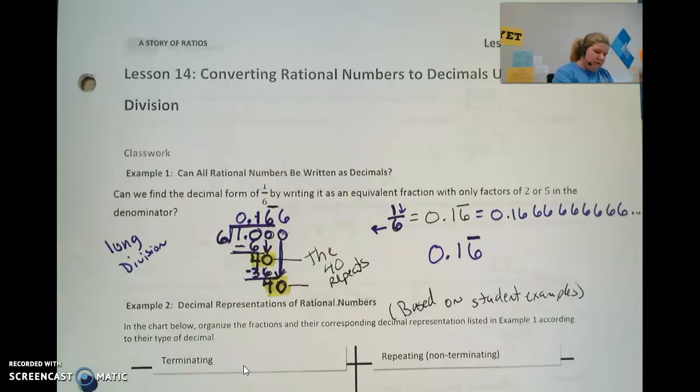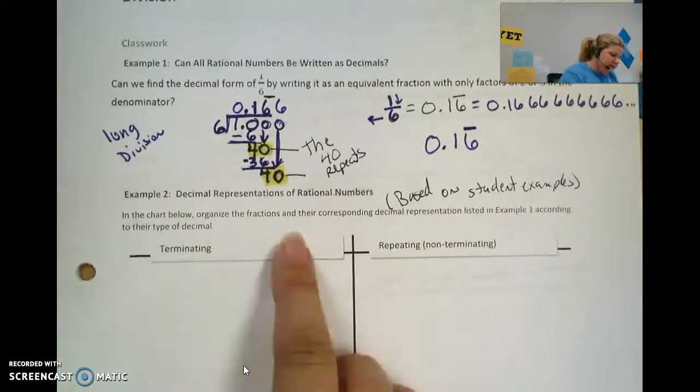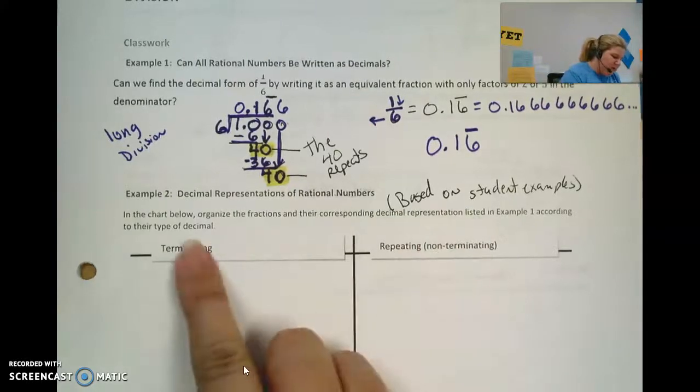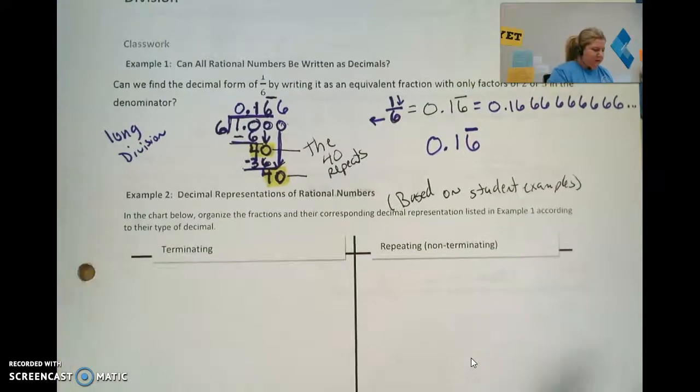So in the chart here, what we're going to do is organize fractions and their corresponding decimals according to their type. So we're going to use all the numbers from 1 over 1 to 1 over 9. Okay? So we're going to start with 1 over 1, and I'm going to place them here as we go.